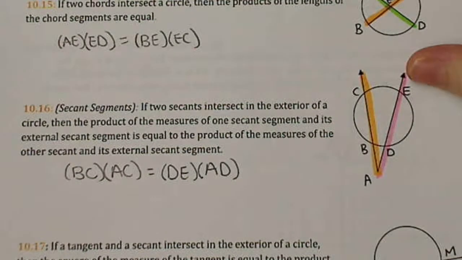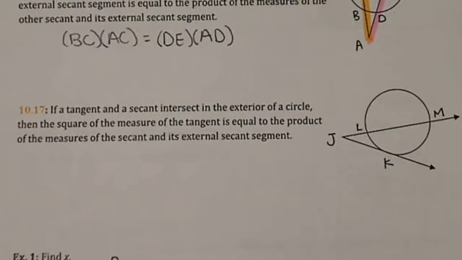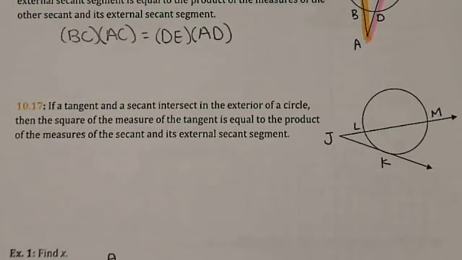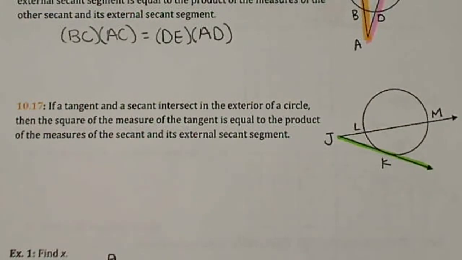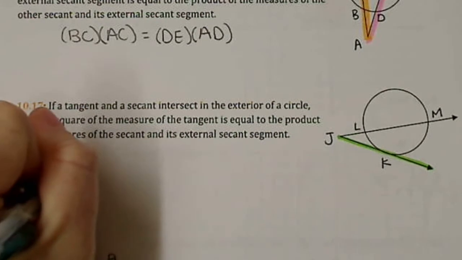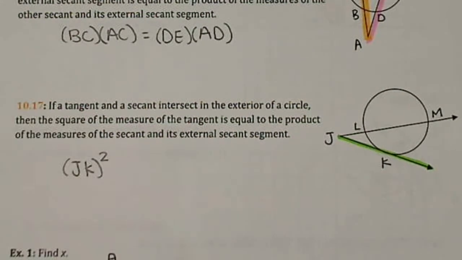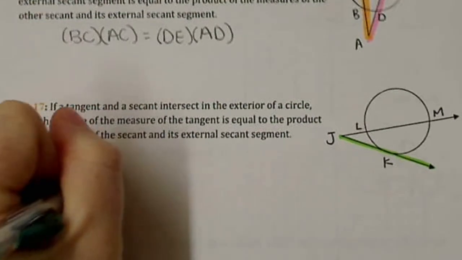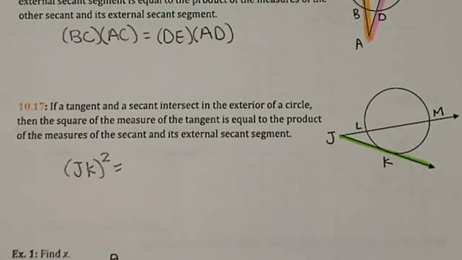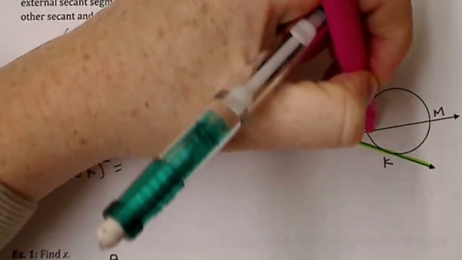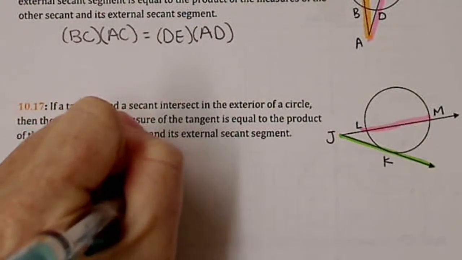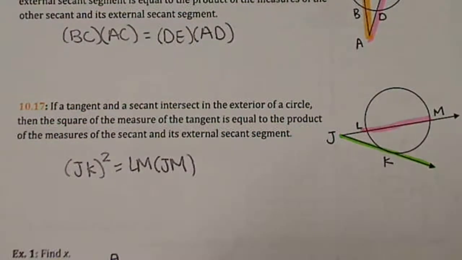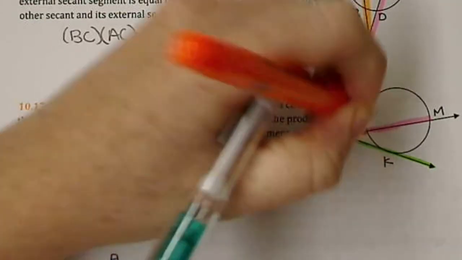Now for my last theorem here, I'm going to use 3 colors because I have a tangent and a secant. I've got this tangent right here, and it says if I square the length of it, then it is equal to the product of LM times JM times this little piece here.